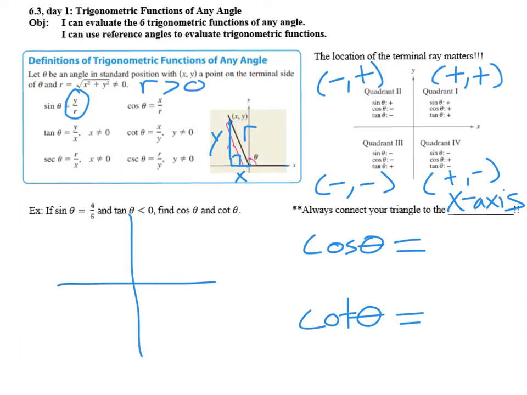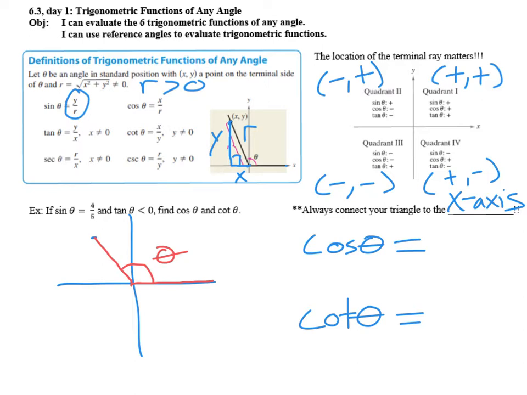Okay? So now, I put my point right here. Here's my initial side. Here's my terminal side. This angle right here, that's theta. I don't have its measurement. It's somewhere between 90 and 180 degrees because it's in quadrant 2.